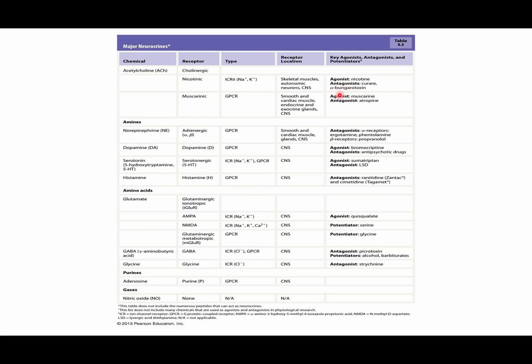The antagonist, something that would stop that, on the nicotinic, we're not going to really talk about these too much, like bungarotoxin. But the antagonist of a muscarinic is atropine. So you may have heard atropine before being administered, like an anesthetic when you're doing surgery.